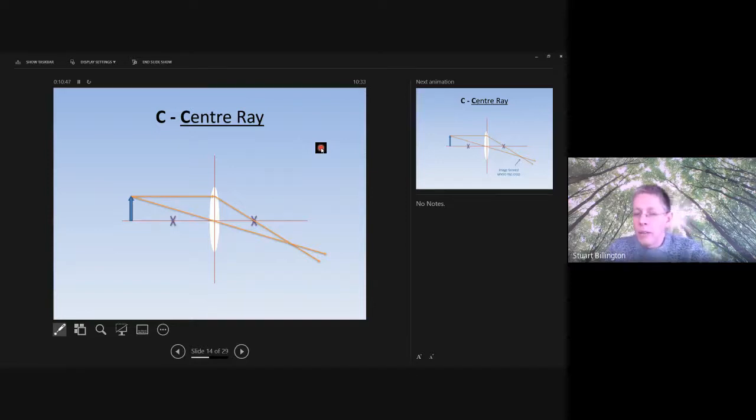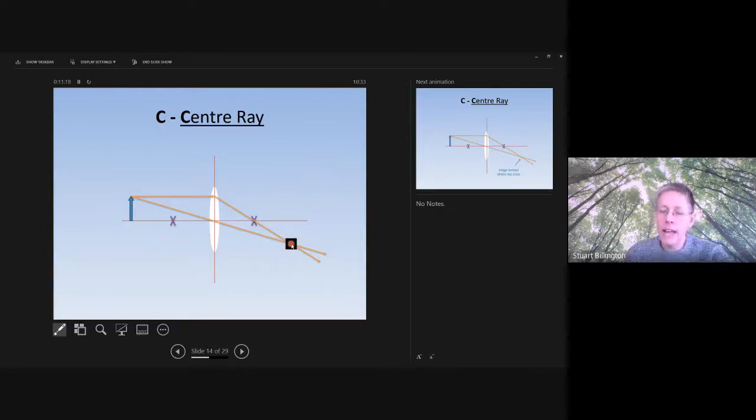Now you are going to have to take my word for it, for you are not a trained optometrist, neither am I. You're going to have to take my word for it that every ray of light that starts at the tip of the arrow finishes in the same place. So this ray of light ended up here, and this ray of light ended up here.